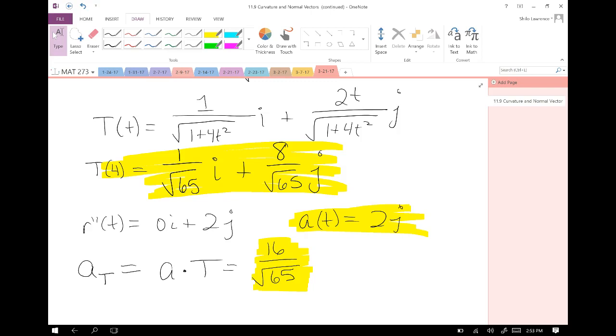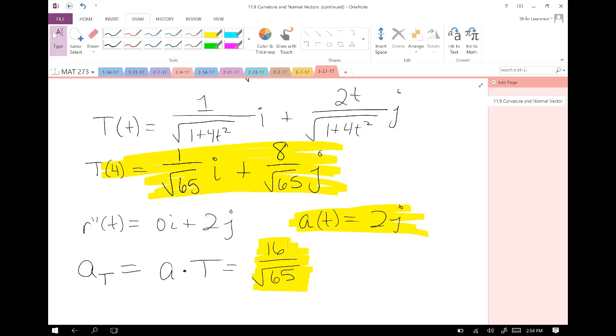I think the least desirable would be going through your principal unit normal vector and doing your quotient and product rules. Sometimes that T of t ends up really nice and it's not a big deal going through your N of t. But right now that T of t is pretty ugly and the N of t is going to get even uglier. Does that make sense?